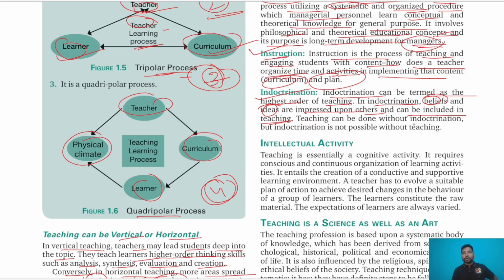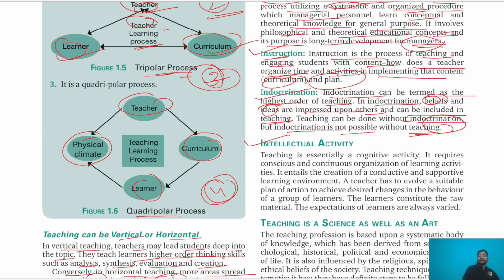Teaching can be done without indoctrination, but indoctrination is not possible without teaching. Okay, in order to get into indoctrination, you have to teach so that you can obtain indoctrination. Right?